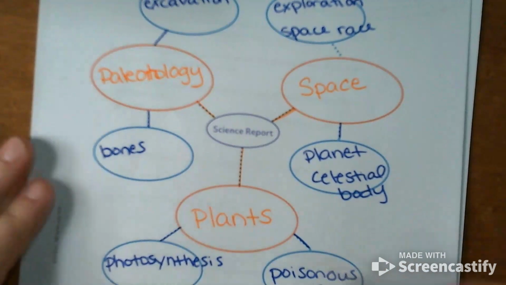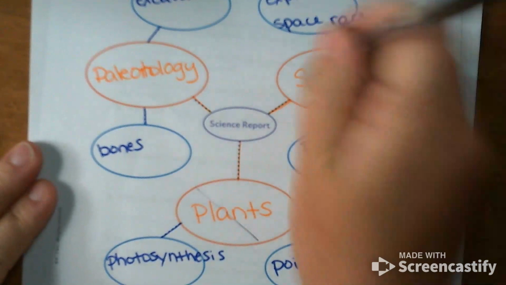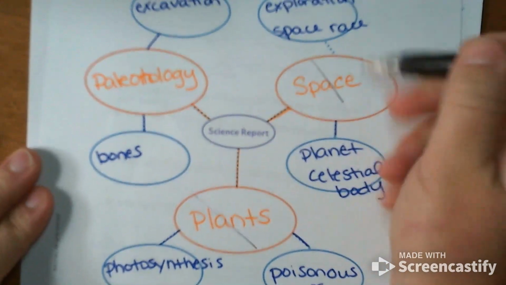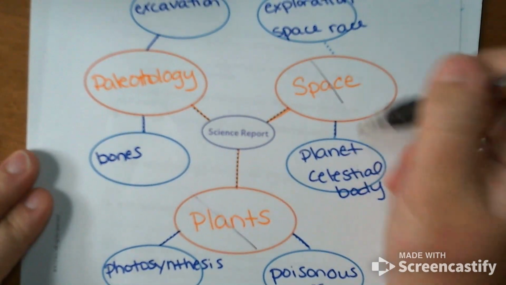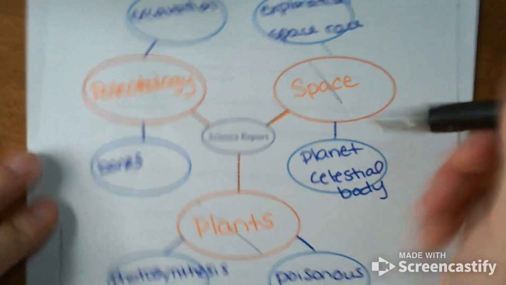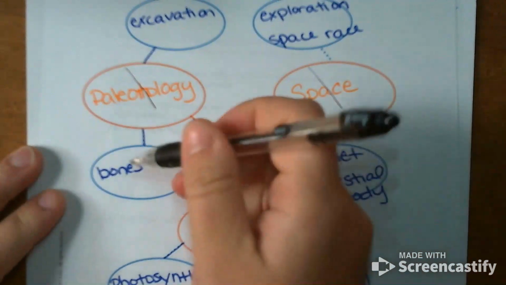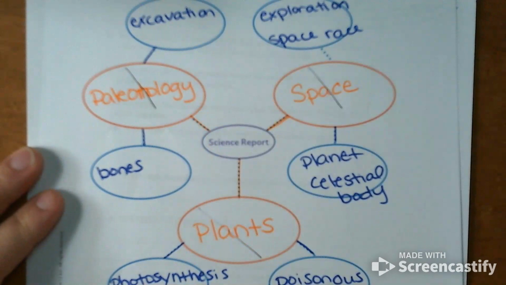So you're going to take this list of yours and you're going to go, okay, well, I know I can't just study plants. I can study photosynthesis or poisonous or edible. Space is too large, but exploration or the space race I could do. I could choose a planet or a celestial body, such as a star or the moon. Paleontology as a whole is too broad, but I could study the bones or maybe the excavation process. So you're starting to narrow down your project.